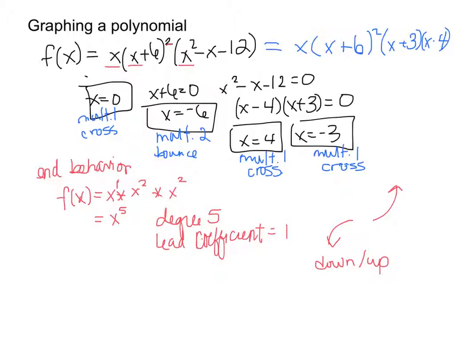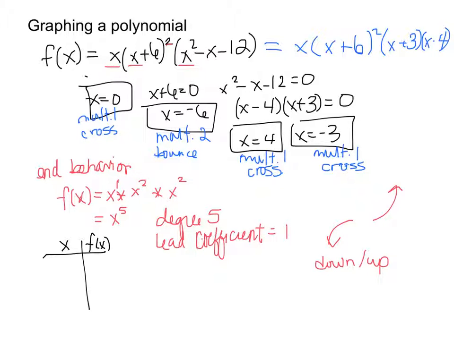And I would say that we should find some in between our zeros, and then on either side of the last zeros. So when we do this, you can find specific values by making an XY table.